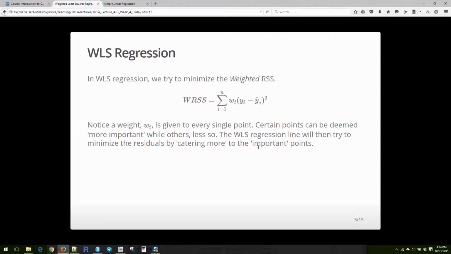There's no rule. You could use completely arbitrary weights. You could go through and say, I like this data point and I want the regression to accommodate it, so I'm going to give it a weight of 5,000. This data point's not very important, I'm going to give it a weight of 0.000001 or whatever. Even a weight of 0, which essentially is removing that data point from the regression.